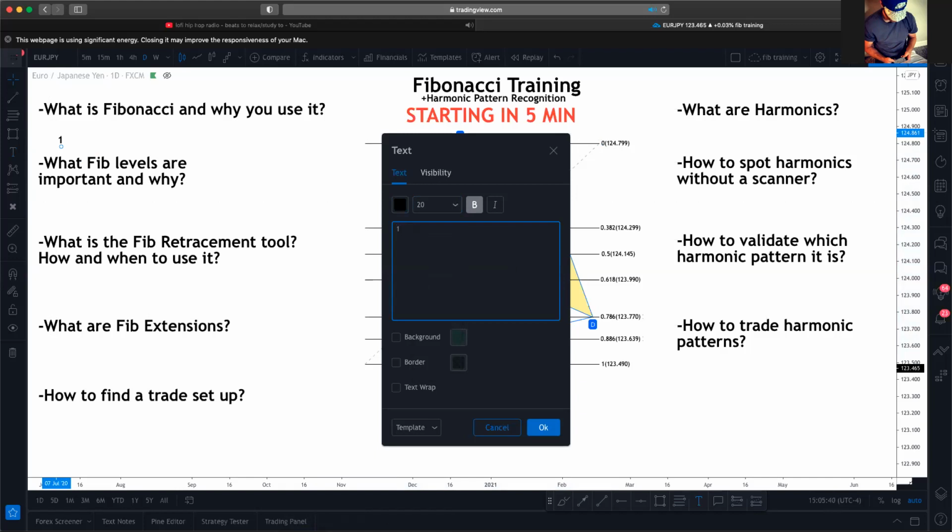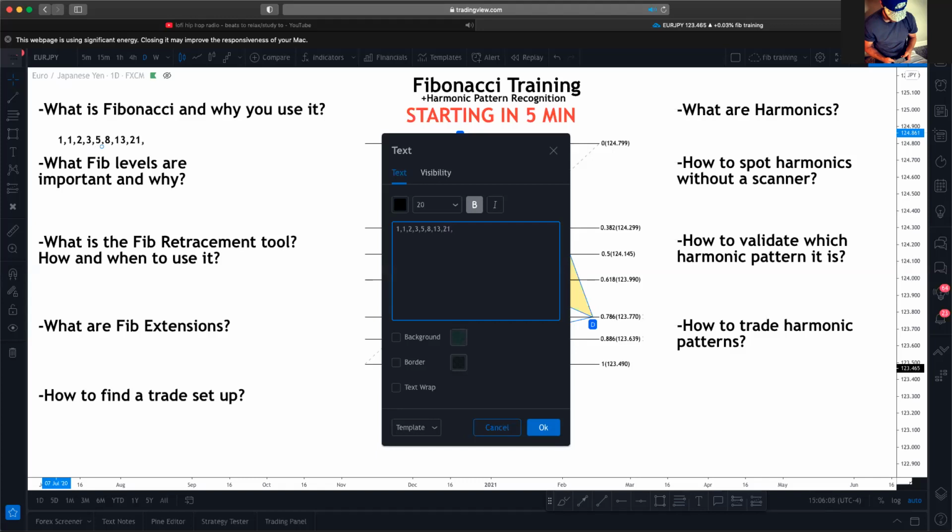1 plus 1 is 2, 1 plus 2 is 3. So I'm adding the previous two numbers together. 2 plus 3 is 5, 3 plus 5 is 8, and you go on and on. That is considered the Fibonacci sequence.